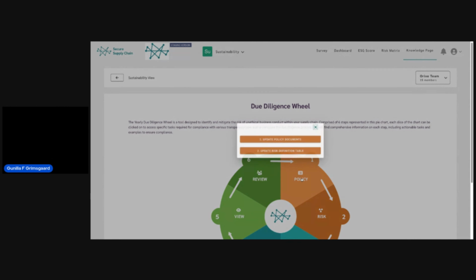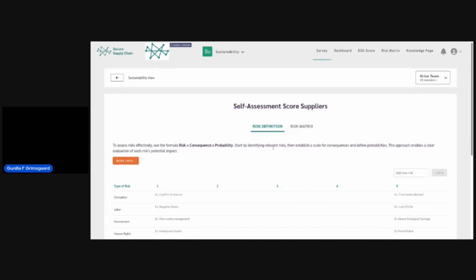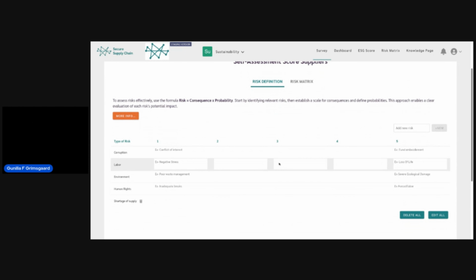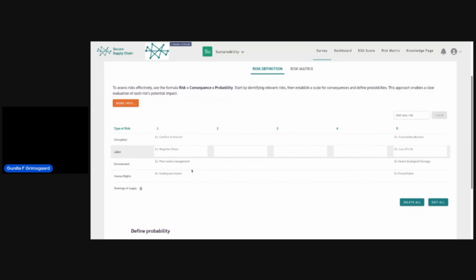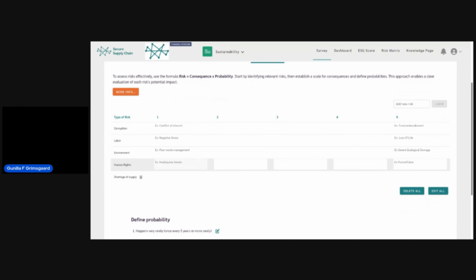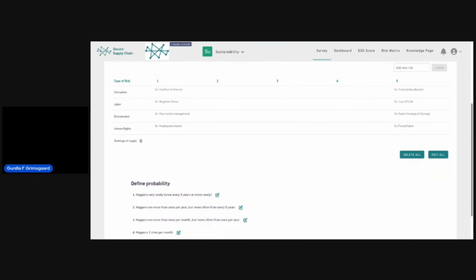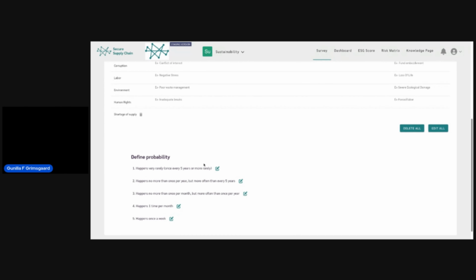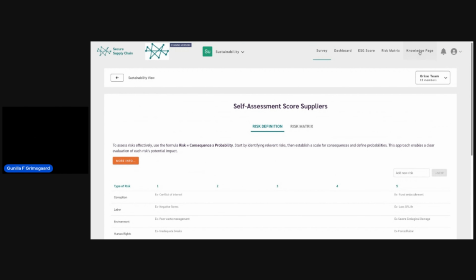Also, I would need to say, what is the risk definition in my company? How does it look? So then I can define it for myself. It's probably going to be different if you're a big company or small company or what industry you're actually working in. And then what is the probability? And then you get an overview and a scale.